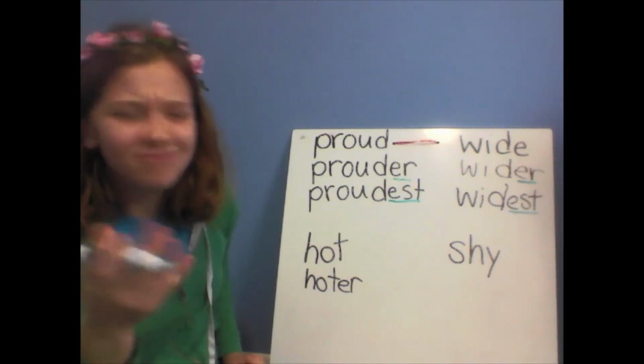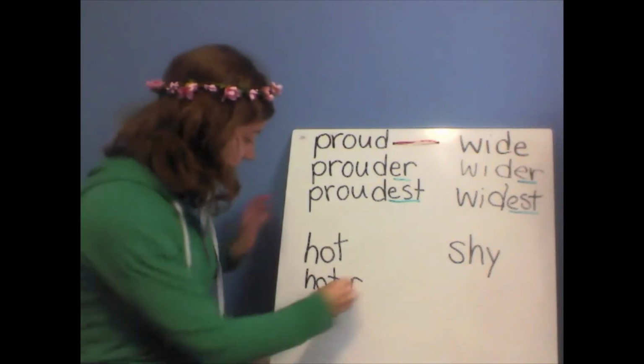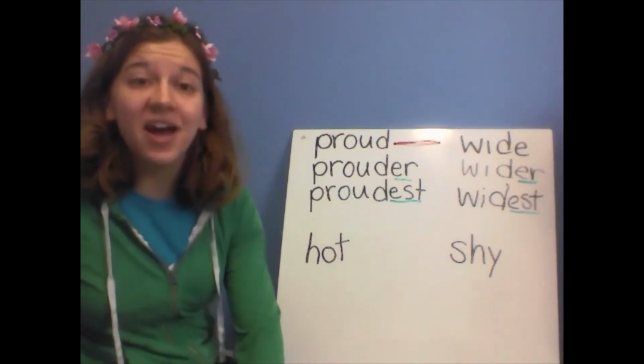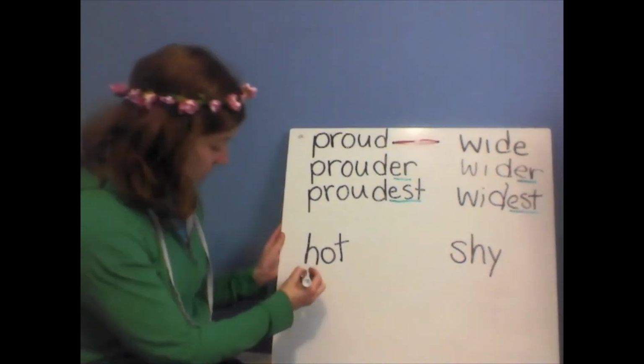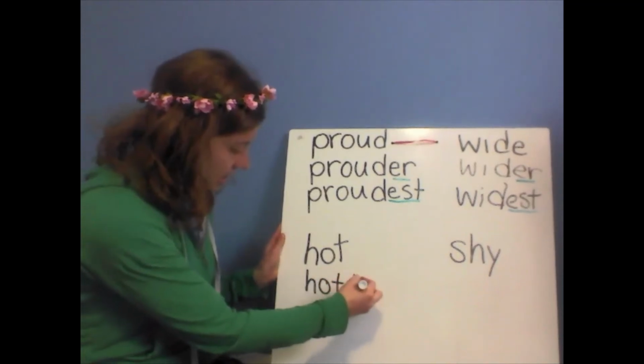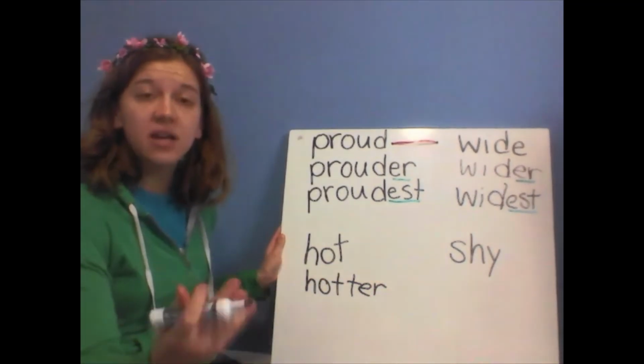So that doesn't make sense. So instead, I'll erase this whole word, we'll write it again. We have to add another T. So it's H-O-T-T-E-R, hotter. Okay, we had to add another T.